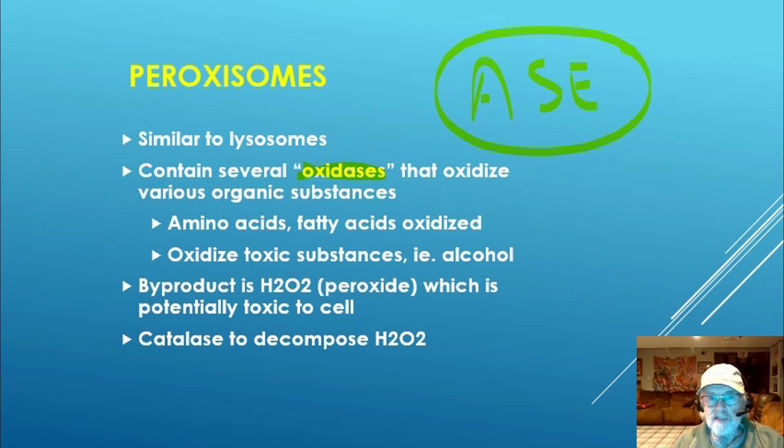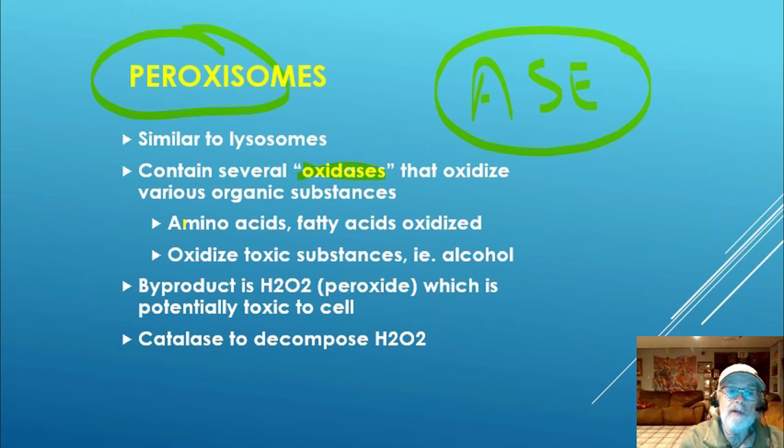And these oxidases oxidize various organic substances. They also have enzymes, and they're called peroxisomes, okay? Things like amino acids and fatty acids are oxidized. That's how they get rid of those. Also, things like alcohol and other toxic substances are oxidized. So the peroxisomes will take care of them, okay?